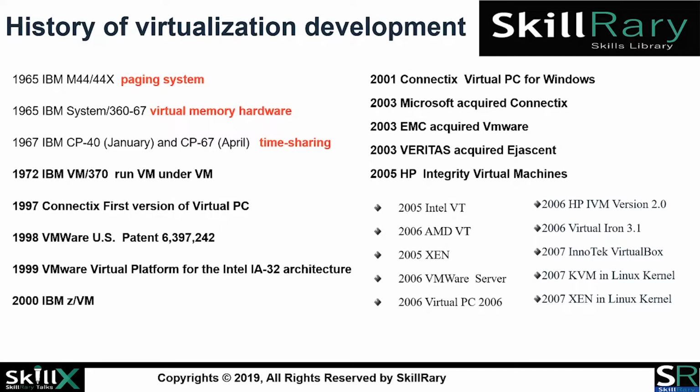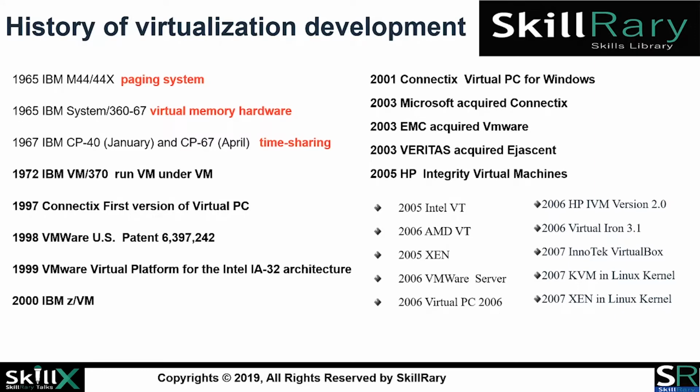It then moved on to create System 360/67, which was a virtual memory hardware system. In 1967, IBM came up with CP40 and CP67, which were time-sharing virtual machines. In 1972, IBM created VM370, which can run a VM under a VM. That means you can have a virtual machine inside a virtual machine.